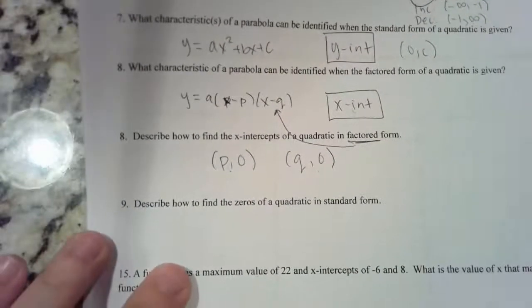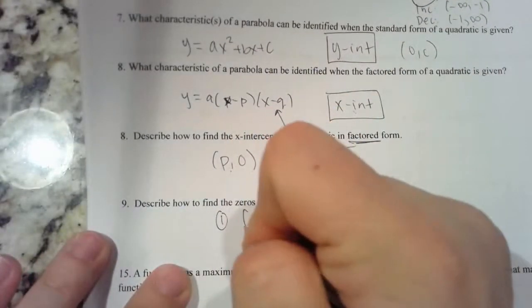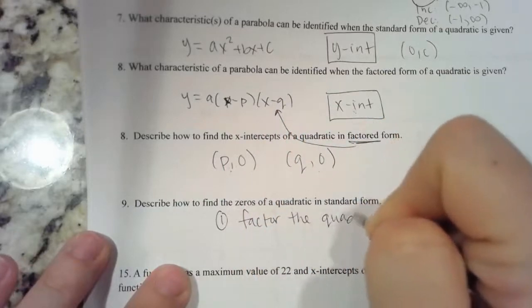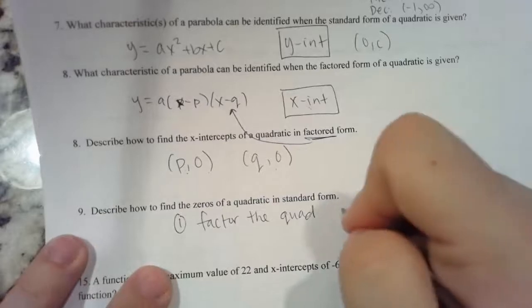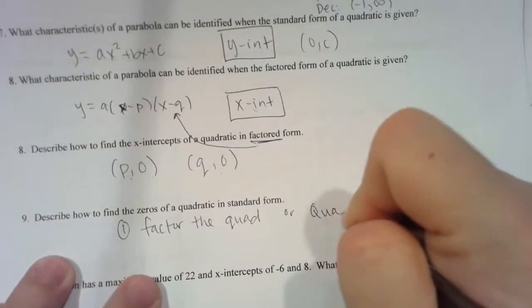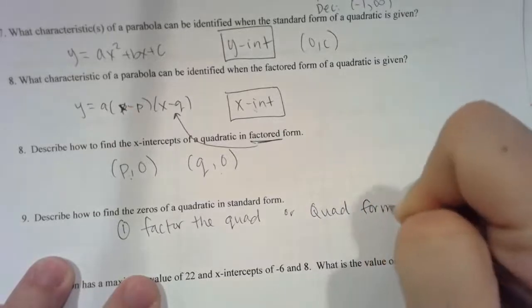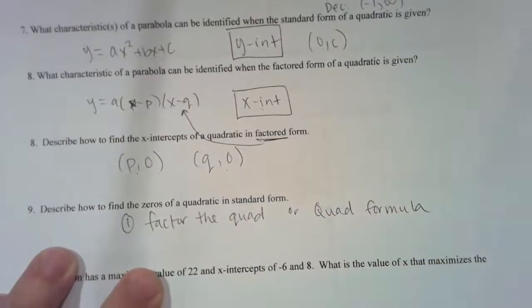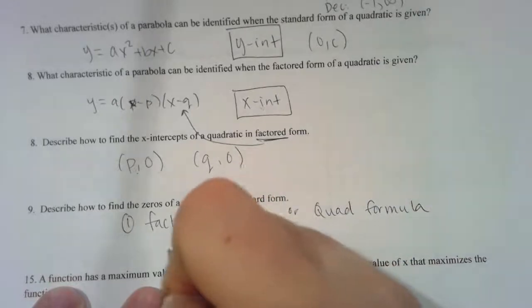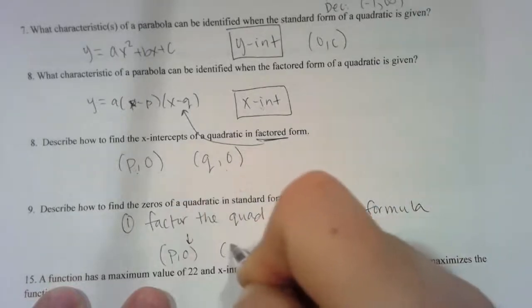If it's in standard form, though, the first thing you have to do is factor it. If it doesn't factor, you use the quadratic formula. If it does factor, then you find the p and the q the same way you did above.